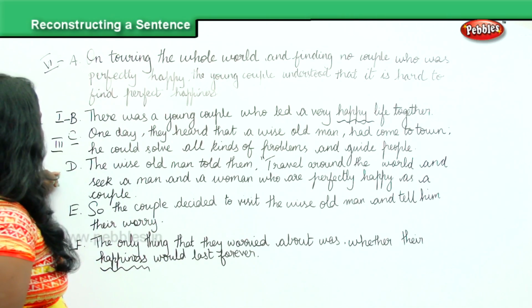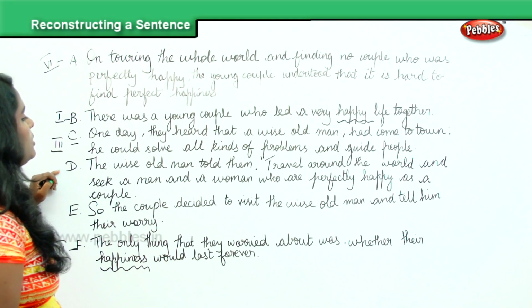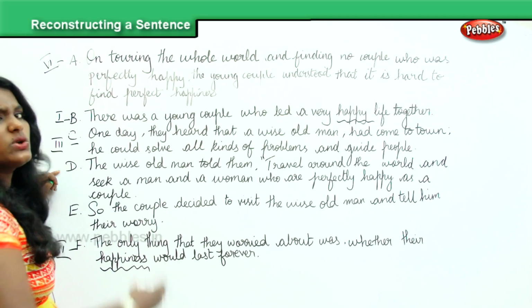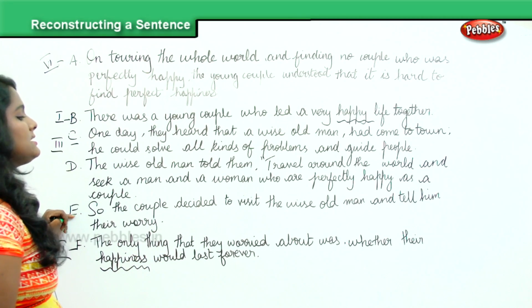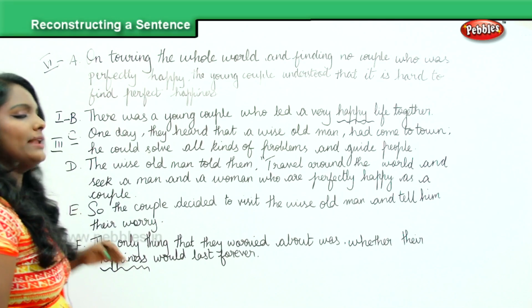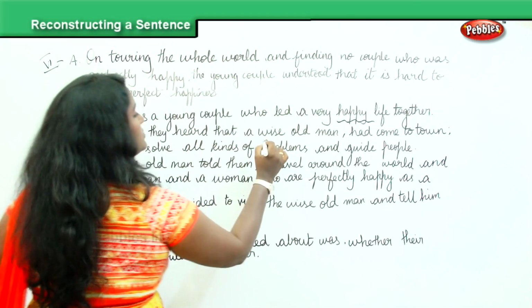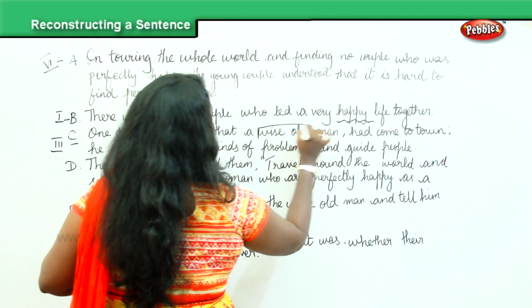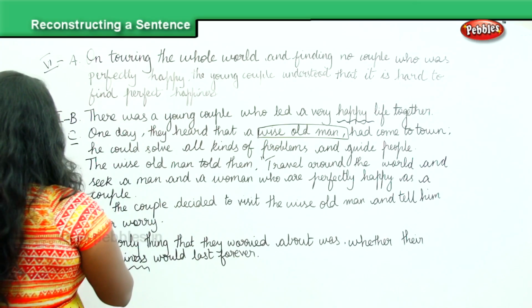Now, the leftover sentences are sentence D and E. The wise old man told them, he has told them something. Your option E says, so the couple decided to visit the wise old man. So there's a link. See, in the third sentence, they are introducing the wise old man to you. Am I right? The link.